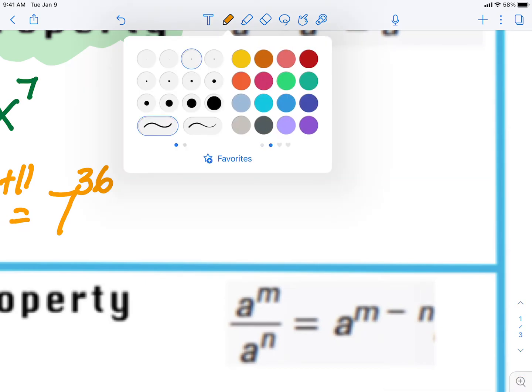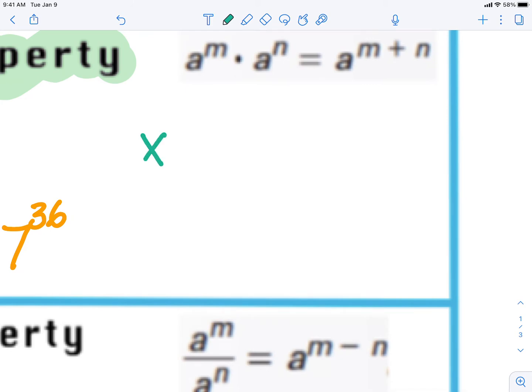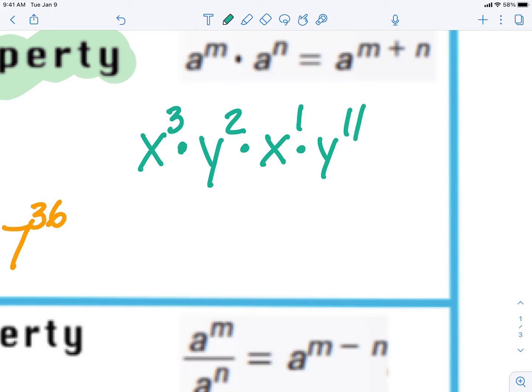Let me do one more that's a little bit more complex. So let's see, I have x to the power of 3 times y to the power of 2 times x to the power of 1 times y to the power of 11. It's a bunch of different ones, right? So watch what I'm going to do. I'm going to write everything that I know that's the same together.